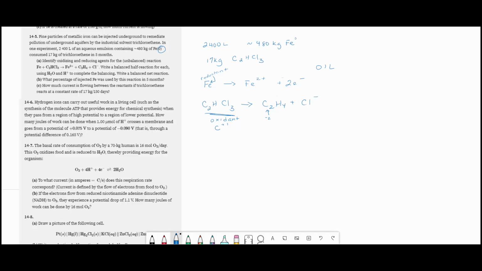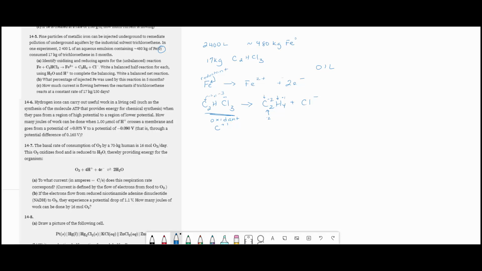How do you know that? Well, hydrogen, for all intents and purposes, is going to be a +1. There are 4 of them. We have 2 carbons. Therefore, in order to make this electrically neutral, the carbon should be -2. That makes sense. And in this compound, chlorine is a -1, and there are 3 of them. So we have a total of -3. The hydrogen is a +1. So now the net of this is a -2.